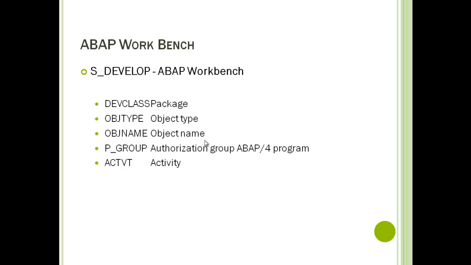Then in some cases, because of a very critical problem, you want to allow it only in the productive system, then you can specify the package. A package means all the objects related to one specific group are put into one package. Then you can give authorization only to that specific package, so they can do the debugging only in that package. That's the way to restrict.